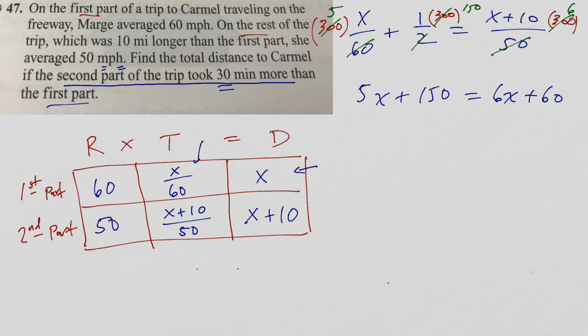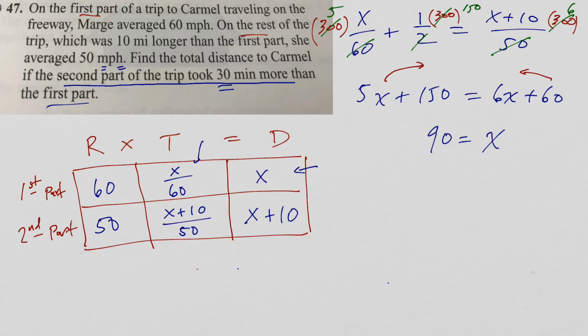Now, if I move my 5x over to the right by subtracting it, 6x minus 5x is 1x. And if I move my 60 to the left by subtracting that, 150 minus 60 is 90. So x equals 90. Now the question is, find the total distance.